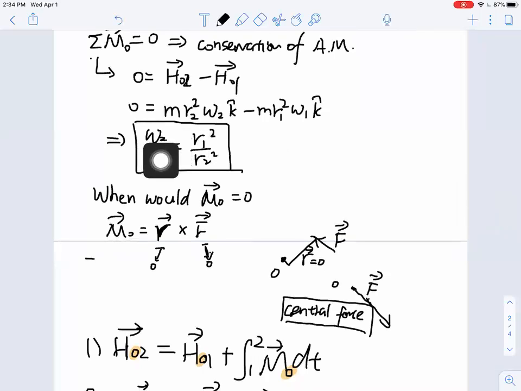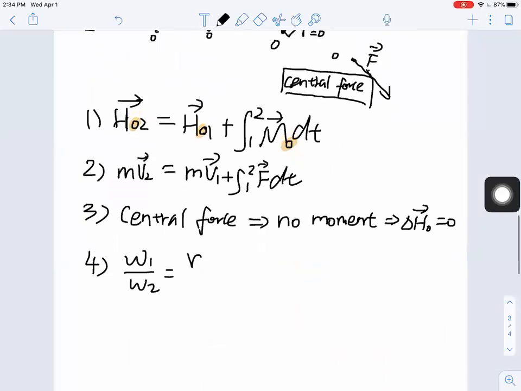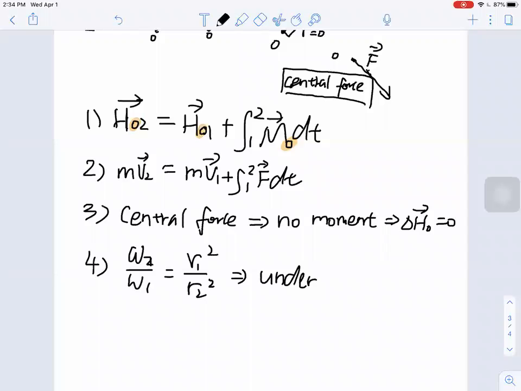So on the left-hand side you have omega 2 over omega 1, but on the right-hand side you have R1 over R2, squared. Let's change that: omega 2 over omega 1 equals R1 over R2 squared. That's only under the conservation of angular momentum, delta H equal to 0.